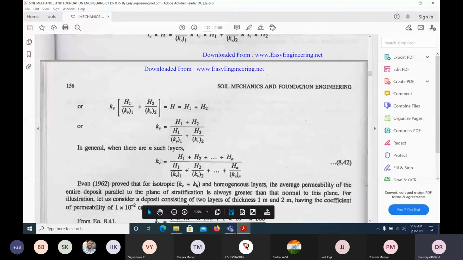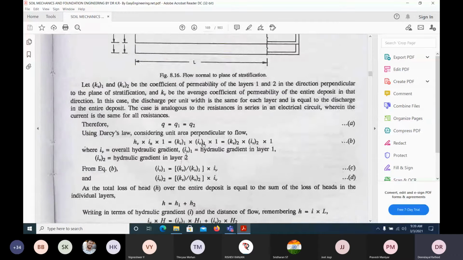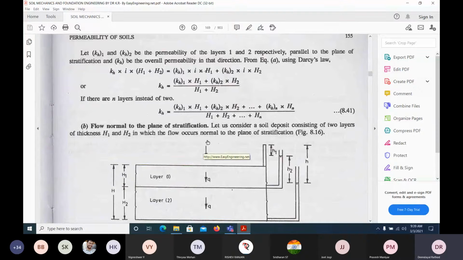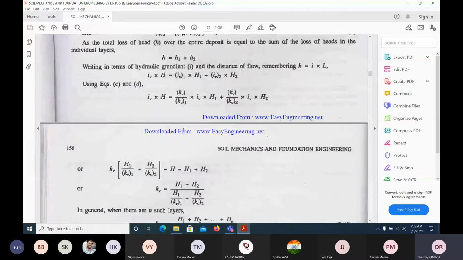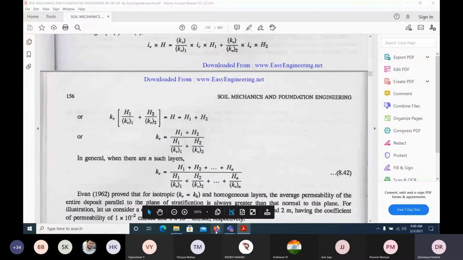Look at the difference: kV is equal to H1 plus H2 plus H3 and so on divided by H1 by k1 plus H2 by k2 plus H3 by k3. Once we show you the video, that would be very clear.